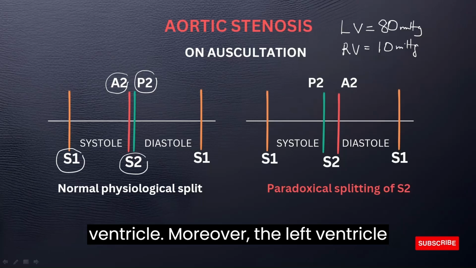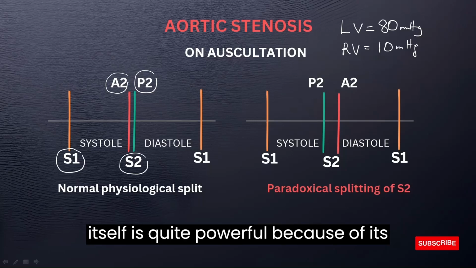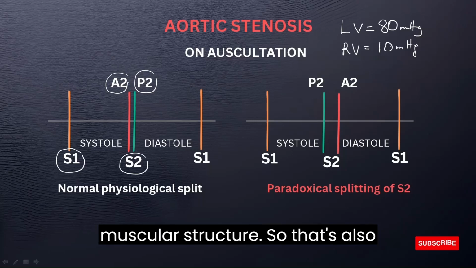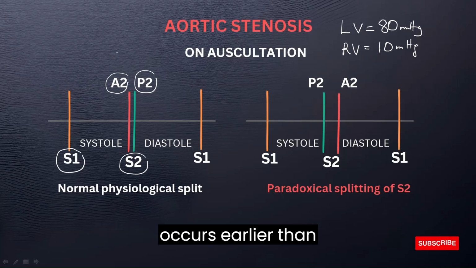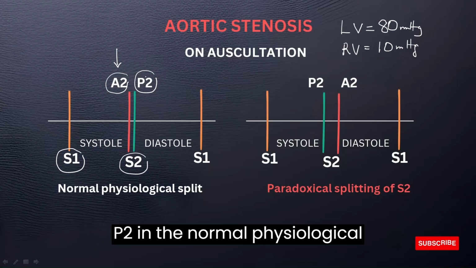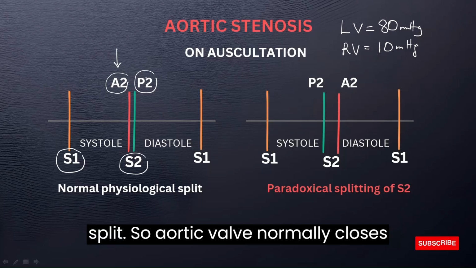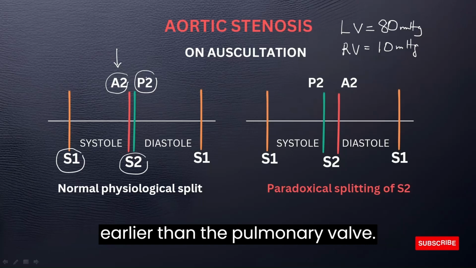Moreover, the left ventricle itself is quite powerful because of its muscular structure. So that's also very important to understand why A2 occurs earlier than P2 in the normal physiological split. So aortic valve normally closes earlier than the pulmonary valve.